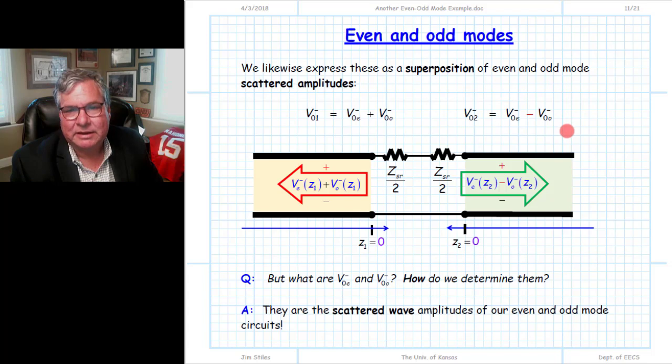Rather, it's going to be the difference between the even and odd mode result that we get, and that will then be the complex wave amplitude of the voltage manifested by the minus going wave over here. So how do we determine these values, even and odd mode values? Well, we apply an even and odd mode analysis.